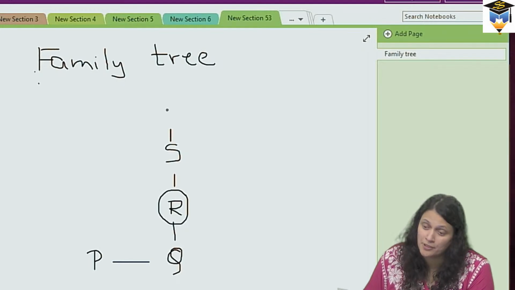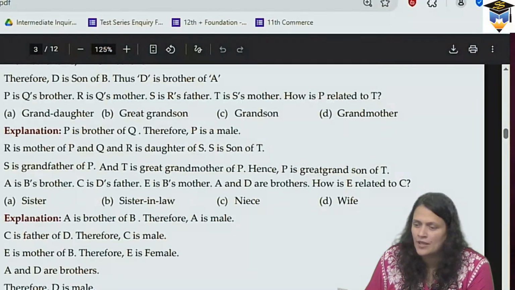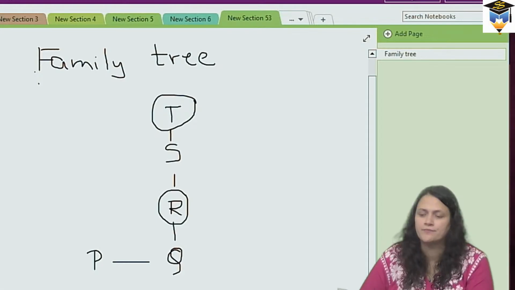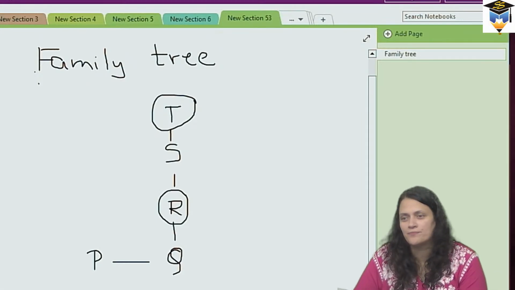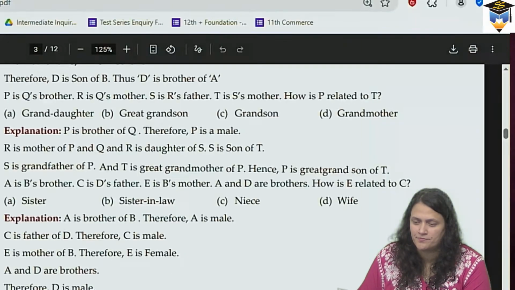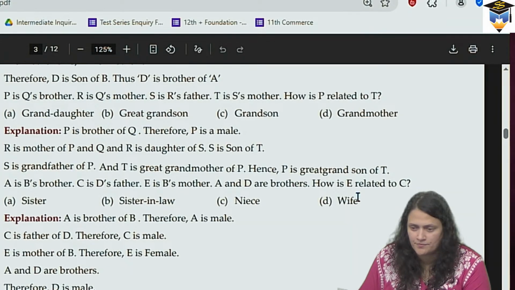And how is P related to T? Correct? Easy.